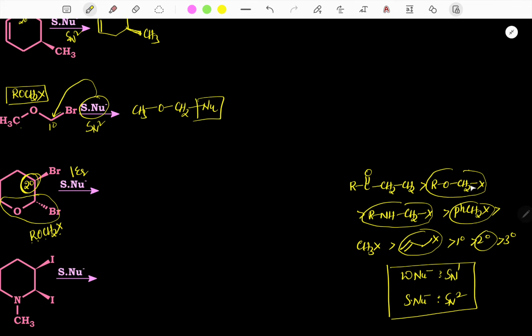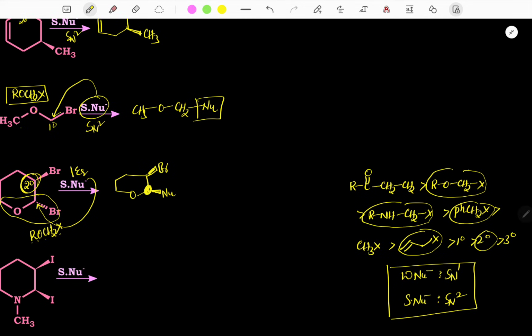ROCH2X is more reactive towards SN2 than a simple secondary. Therefore, if I add one equivalent of nucleophile, it attacks at this carbon, only this reaction happens. So based on the order, we have decided this carbon is more reactive for SN2.